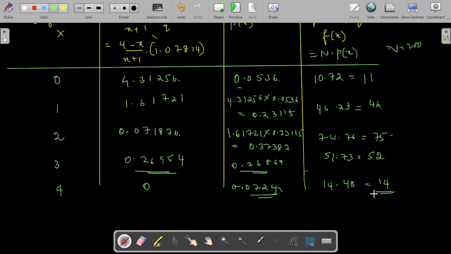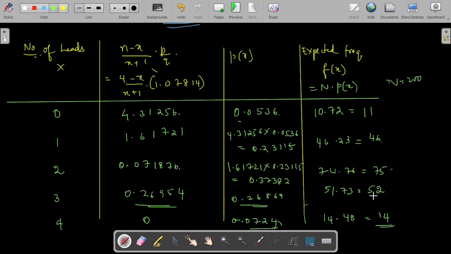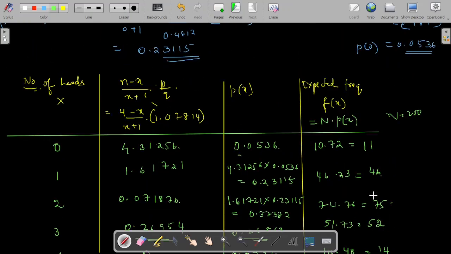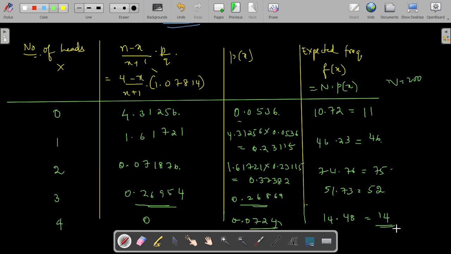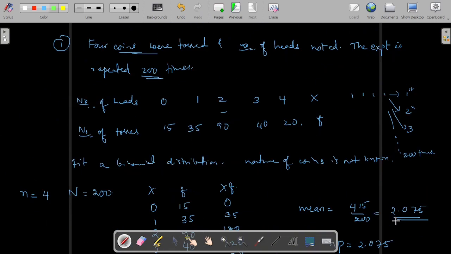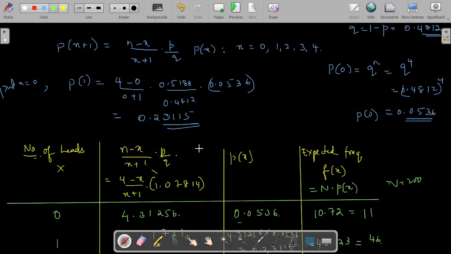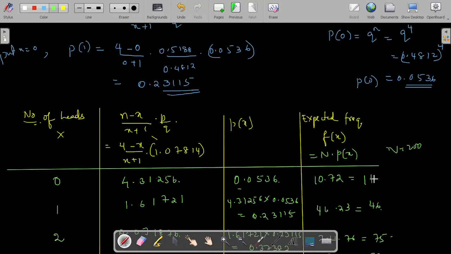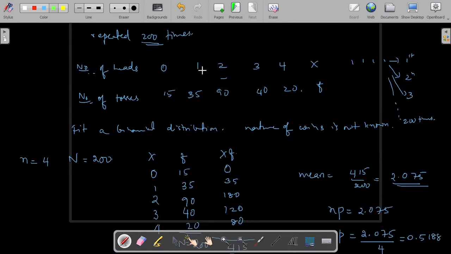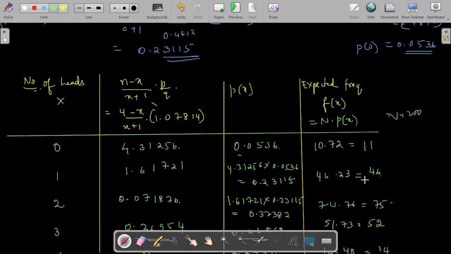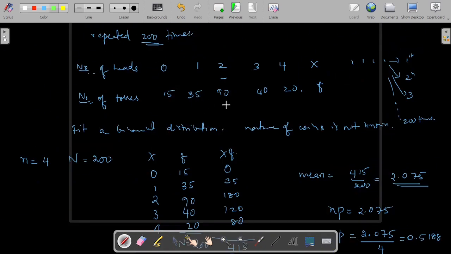Okay. Now we got the expected or theoretical frequencies. So as per this, the theoretical frequencies are 11, 46, 75, 52 and 40. What are our observed frequencies? For number of tosses, for 0 tosses we got 15, here 11. For 1 toss we got 35, here 46. Next 75, here it was 90.